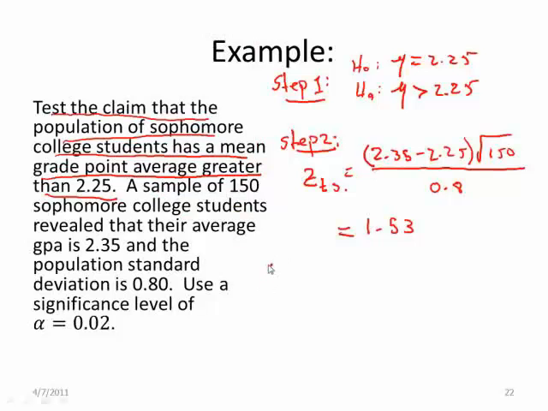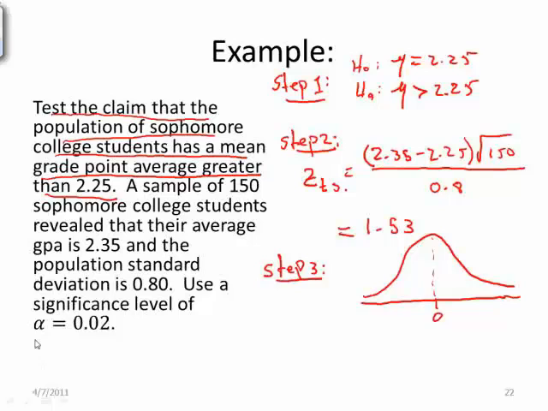So step three is we have to set up our standard normal distribution. This thing is centered at 0. Now, the direction of our test: is this going to be a two-tailed, upper-tailed, or a lower-tailed test? An upper-tailed test.